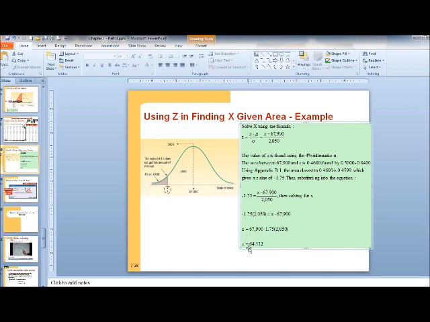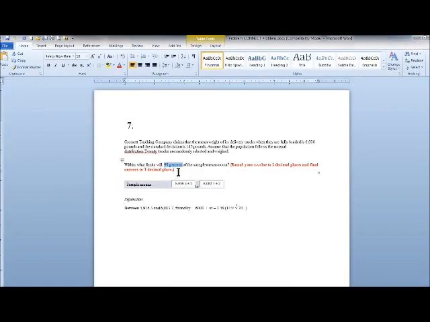And what we find out from that is that 4%, which translates into a 0.46 if we need, because we need the proper starting and stopping points, goes to a z value of 1.75, which we can then convert to an x value of 64,312.